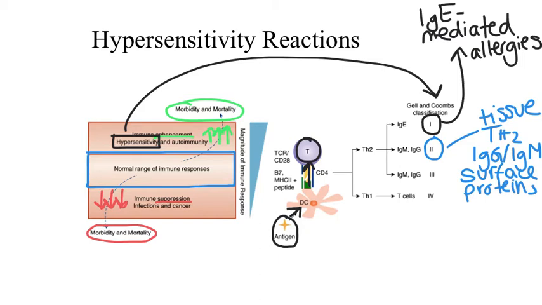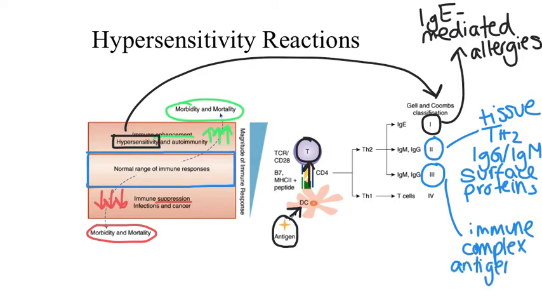A type 3 hypersensitivity reaction is also called immune complex mediated. This also involves IgM and IgG antibodies, but in this case, the antibodies form complexes with the antigen that then deposit in soft tissues like the joints. This also results in an inflammatory reaction that can damage the soft tissue where immune complexes have deposited.